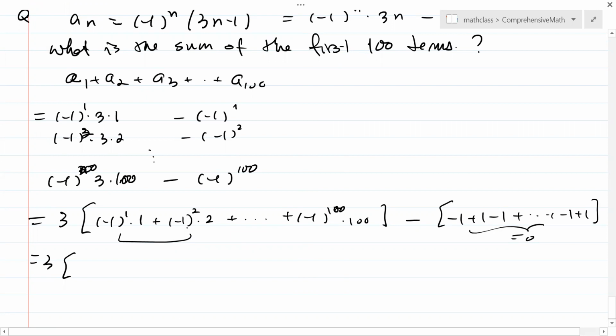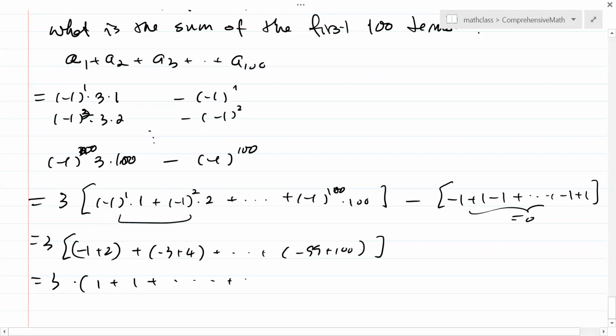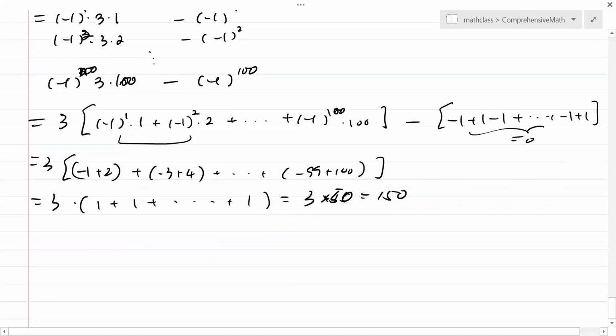Every time you get 1. So you get negative 1 plus 2, negative 3 plus 4, and negative 99 plus 100. So you get 1 plus 1 plus 1 all the way to 1. How many terms? 50. So 3 times 50, you get 150. Okay, that's okay.